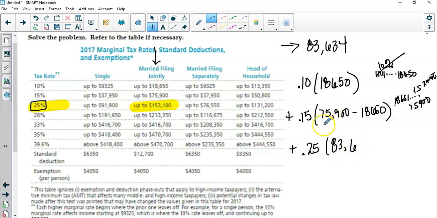Every dollar over the 75,900 up to the 83,634. If you imagine counting these out into piles, I got to take out the 75,900 because they already paid tax on that. Once I figure that out, I'll be able to figure out what their tax owed is.